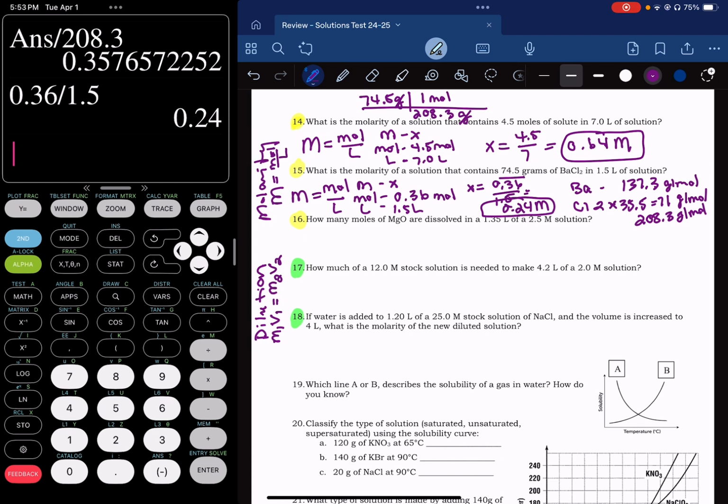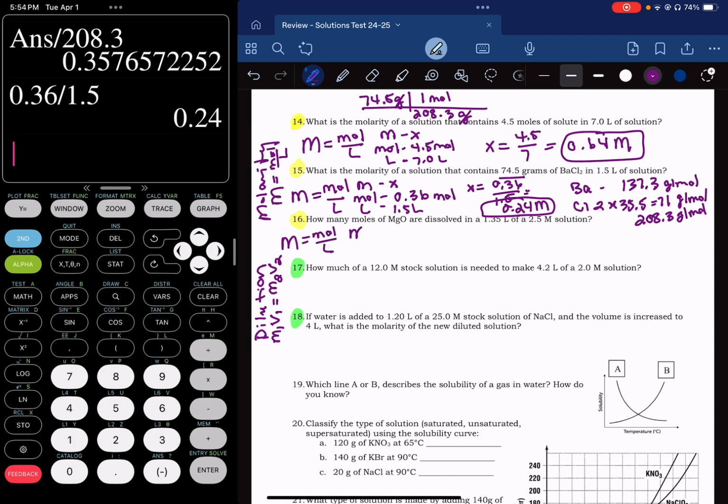All right, so it says, how many moles of MgO, magnesium oxide, are dissolved in 1.35 liters of a 2.5 molar solution? All right, so again, it wants to know moles. Now, in the other problems, it was asking for molarity, but now it's giving us the molarity. So again, our formula is big M equals mole over liters.